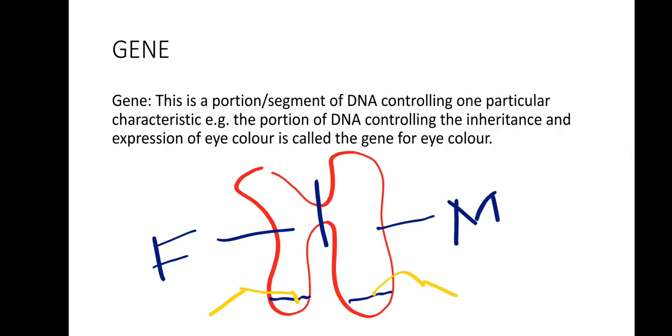These characteristics can be height, color of the eyes, how your ears are shaped, whatever characteristic you can think of, those characteristics are controlled by genes. So a gene is a portion on a chromosome.